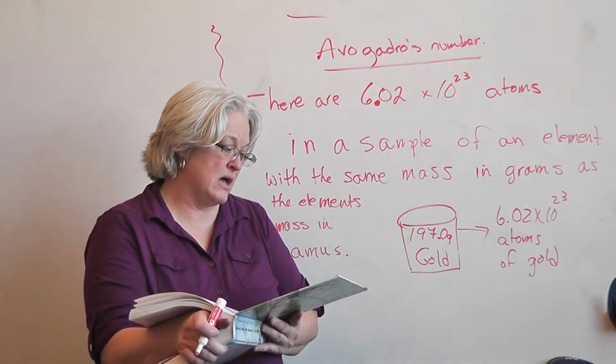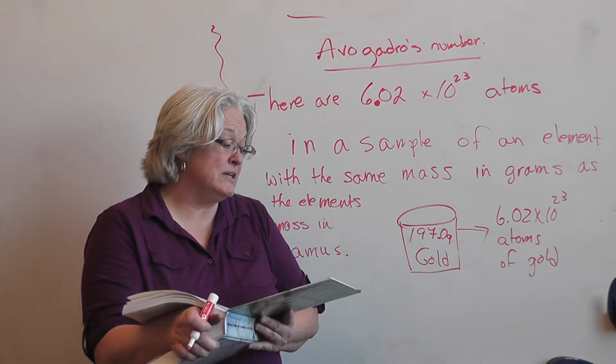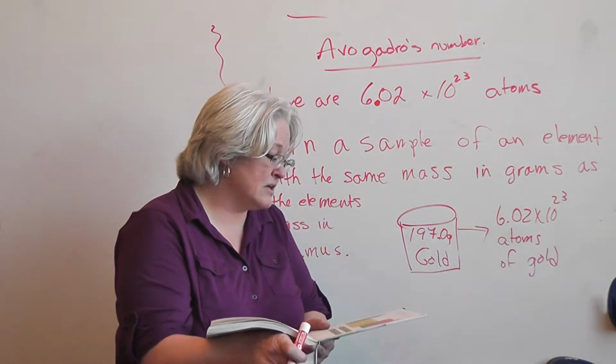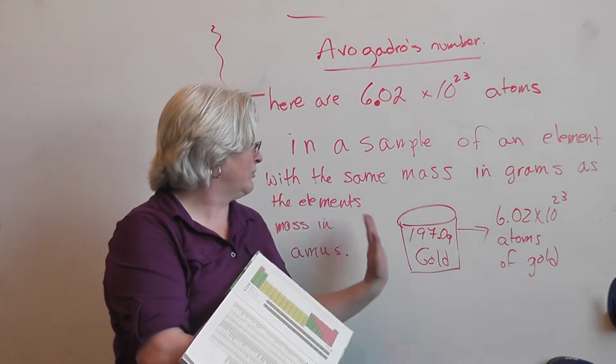So let's look at, for example, magnesium, which is element number 12. It has an atomic mass of 24.3.